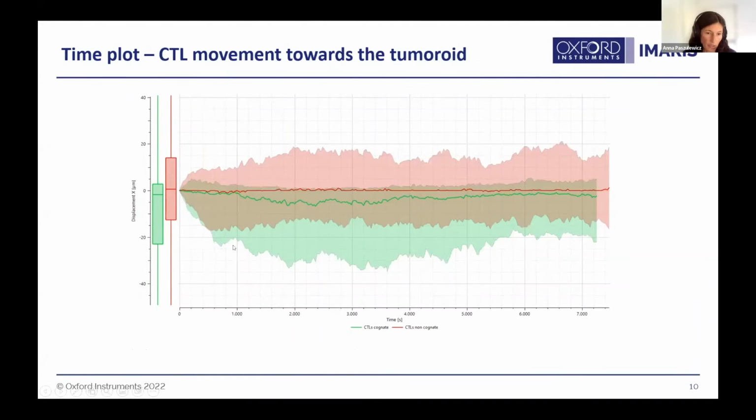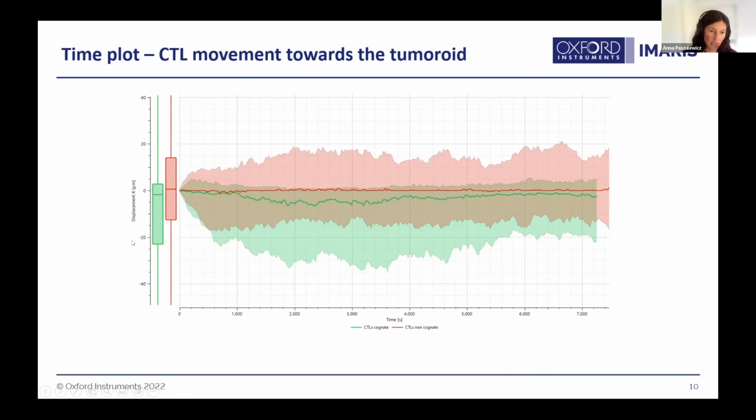So Imaris also enables you to create a time plot where here the displacement in X direction is plotted against time. So in the green, as in the previous example, you can see the cognate tumoroid. So this is the lower panel. And in the red color, you can see the non-cognate tumoroid.